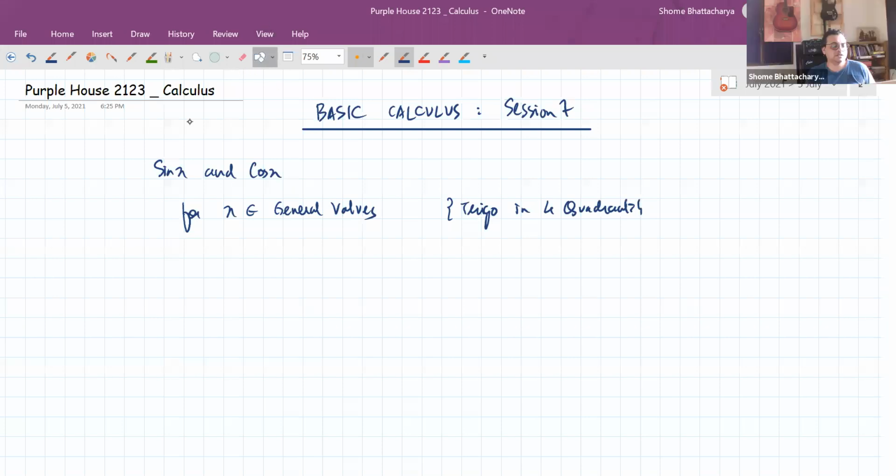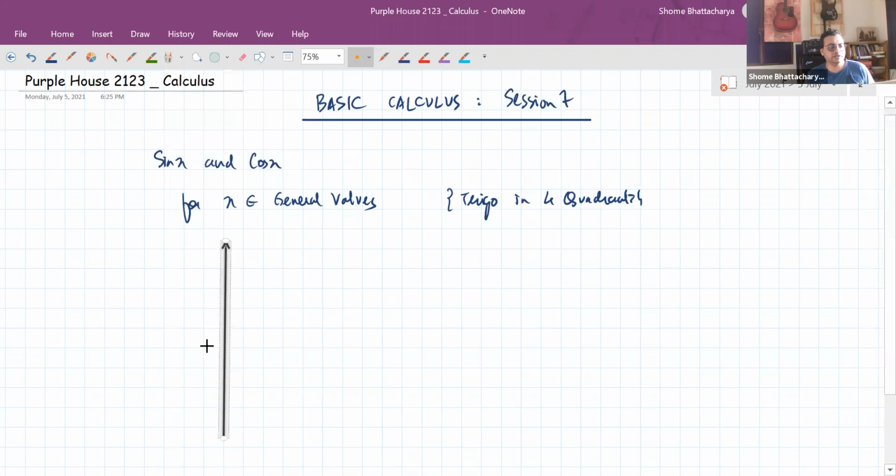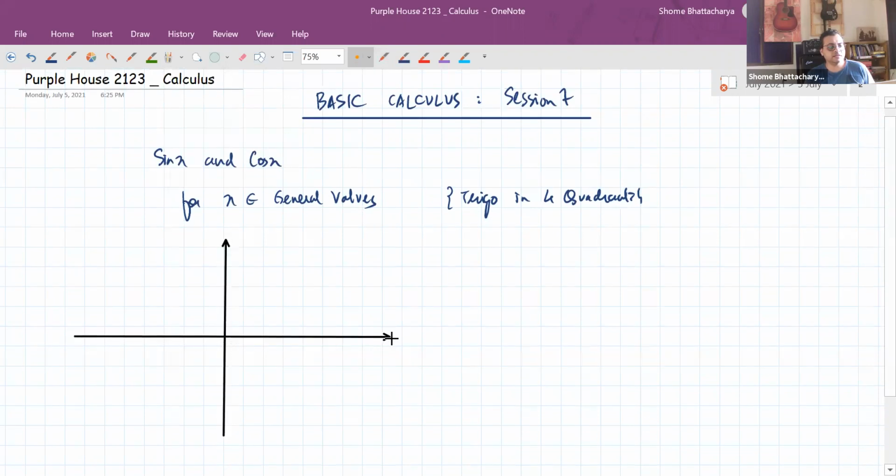Ultimately what we had seen is that if you relate sine theta and cos theta in terms of components of a unit vector rotated through an angle theta, then we are in the first quadrant. Theta is like this. This is cos theta. This is sine theta.